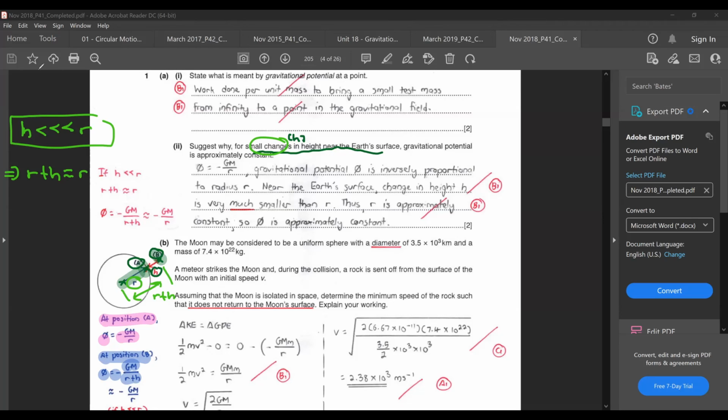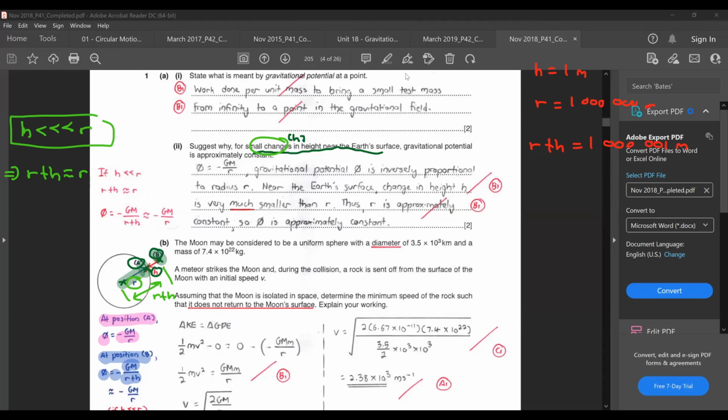What I mean by that is, let's say h is just 1 meter, but I tell you R is 1 million meters. So if I ask you R plus h, it will just be 1 million and 1 meters.